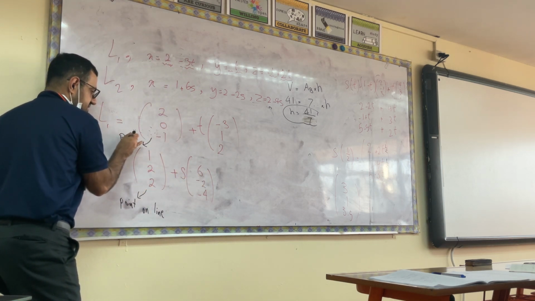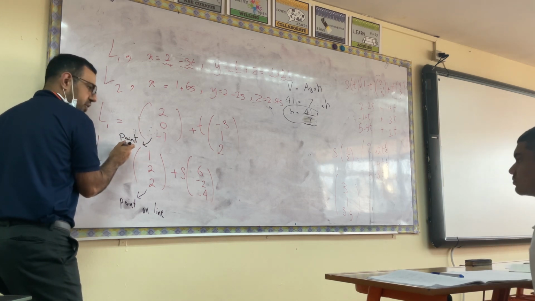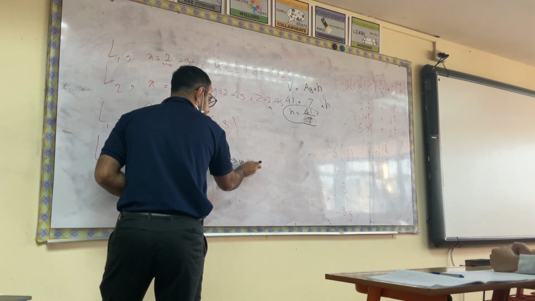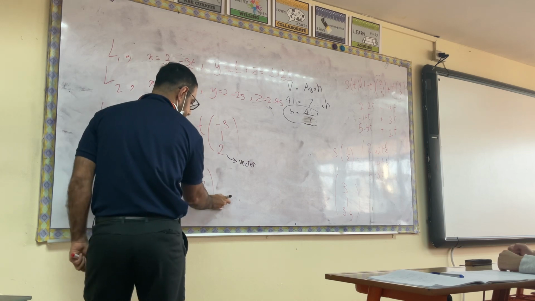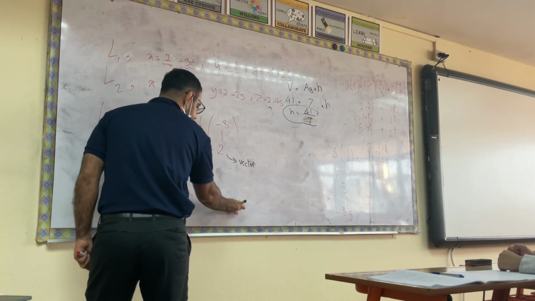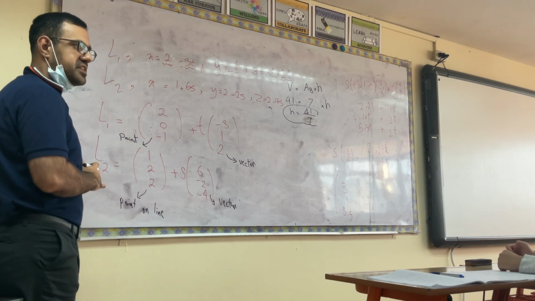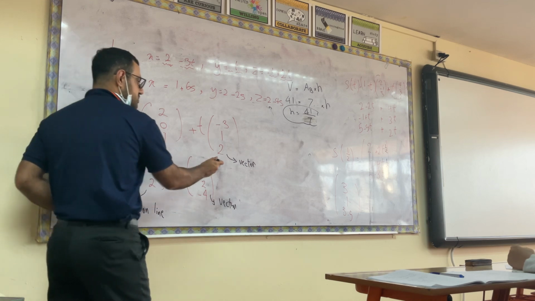So first, wait, I'll explain it. The first one is a point. The second part is a vector, and this vector refers to direction. Usually when I say vector, it's direction, right? Now, can I compare those together?